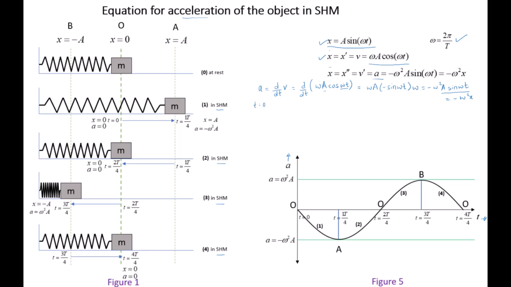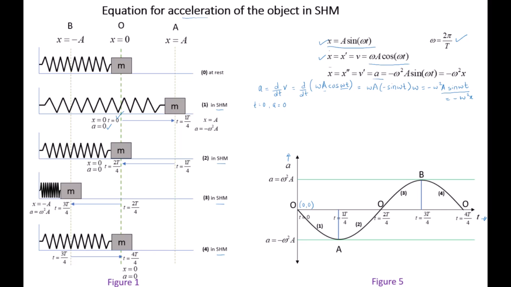At time t equal to 0, acceleration will be given by minus omega square A times sine omega t, and t is 0. So acceleration will be equal to 0, which means coordinates of this point will be 0, 0, which means it's representing the midpoint. When t is equal to 0, a is equal to 0. And I've given x for reference.